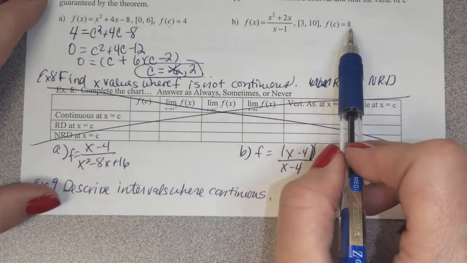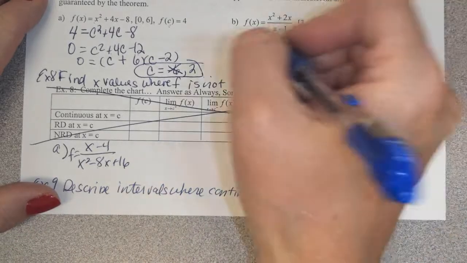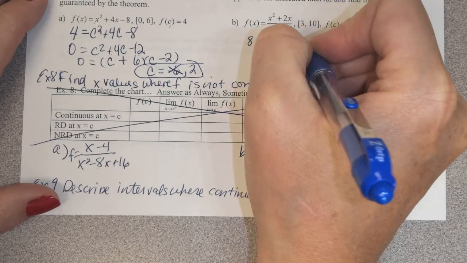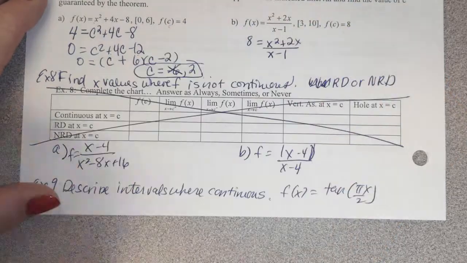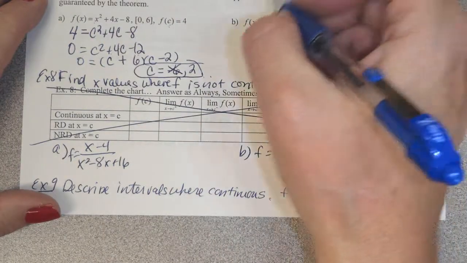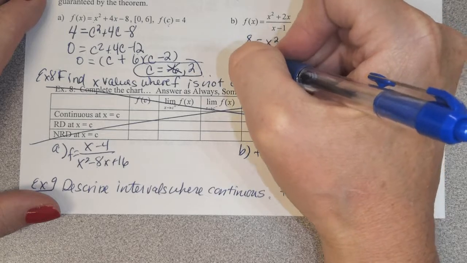All right, so where am I going to plug in the 8 here? Plug it in for what? y. So in for y goes the 8. So to solve this then, I'm going to have to cross multiply. That's how I solve a problem like this. I'm going to multiply these and I'm going to multiply these.